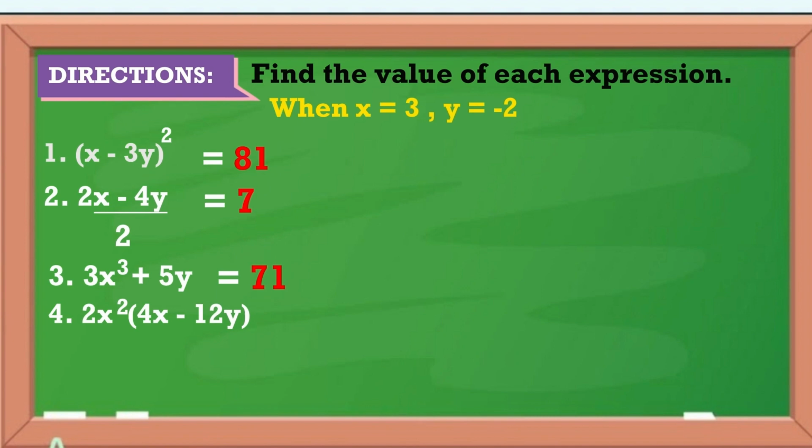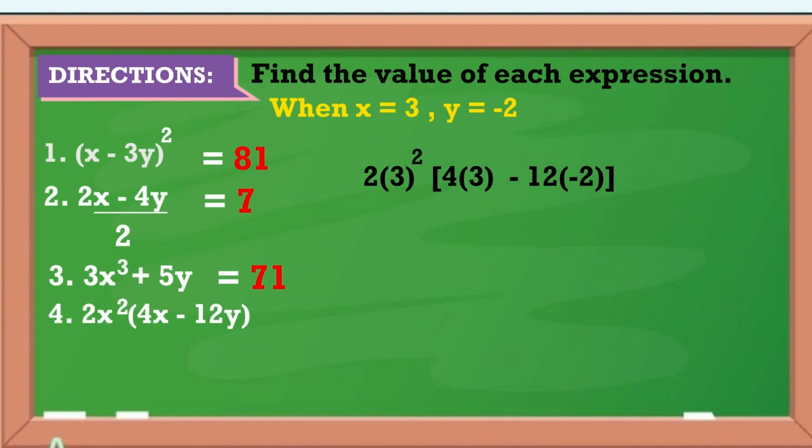So for the last number, number 4. 2x squared times the quantity of 4x minus 12y. Again, let's substitute all the given variables. So it will be 2 times 3 squared times the quantity of 4 times 3 minus 12 times negative 2.